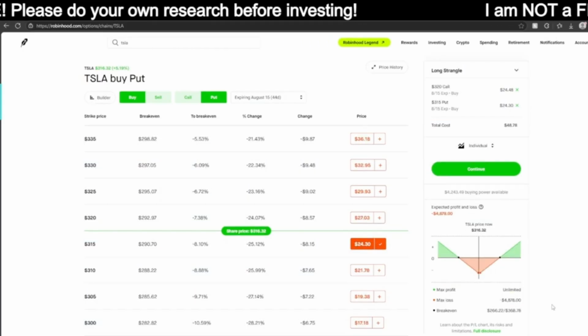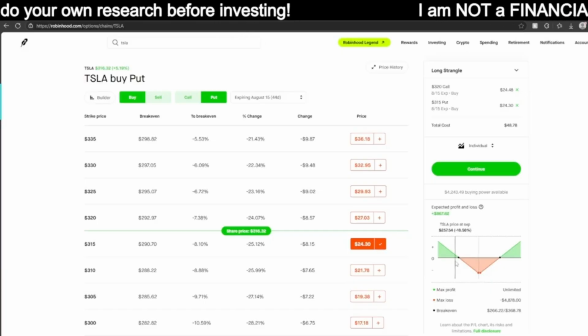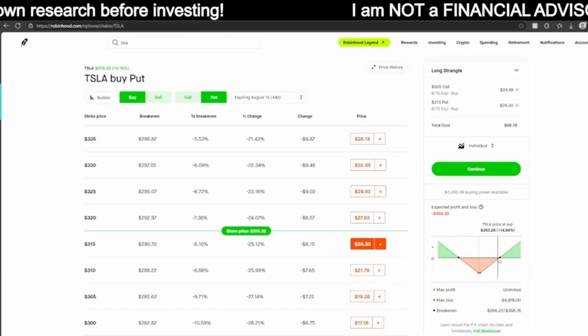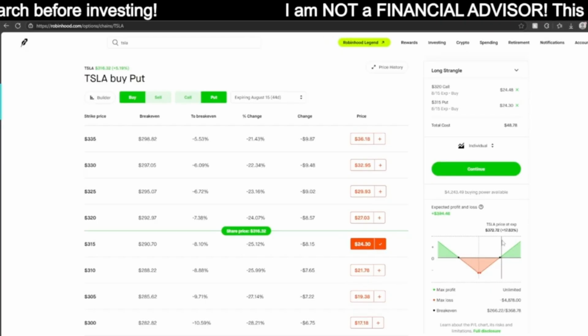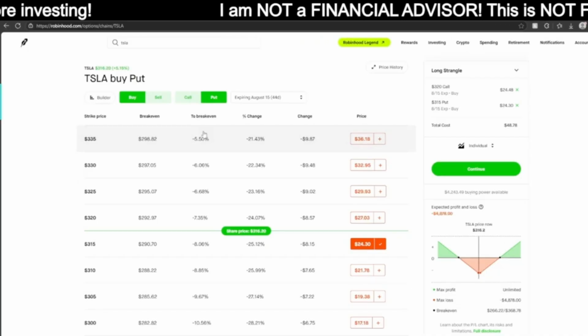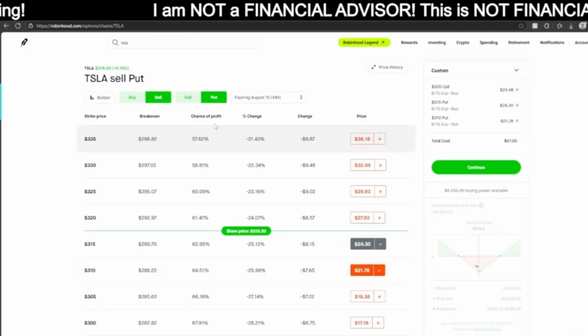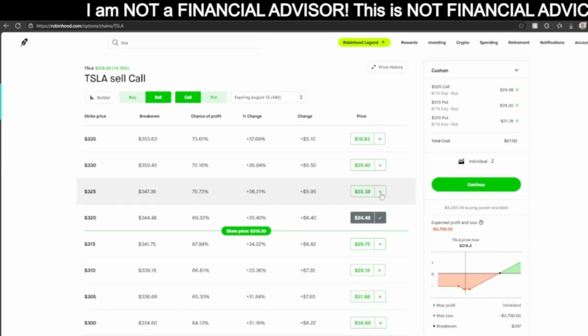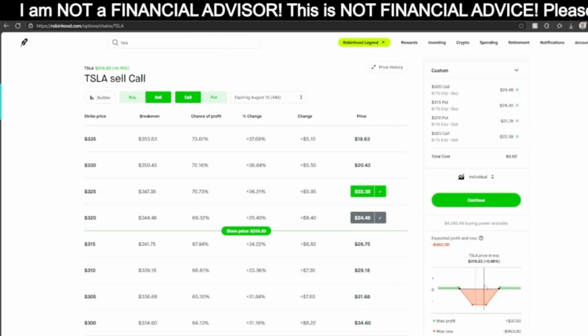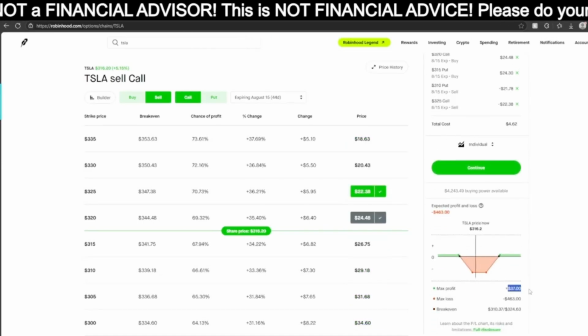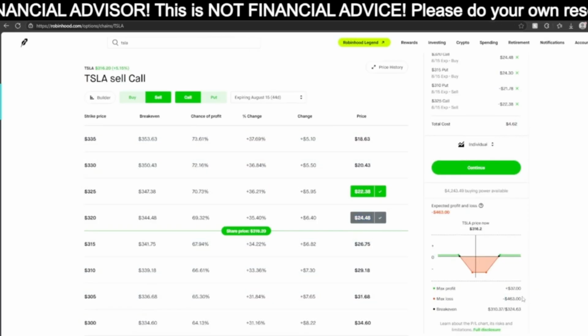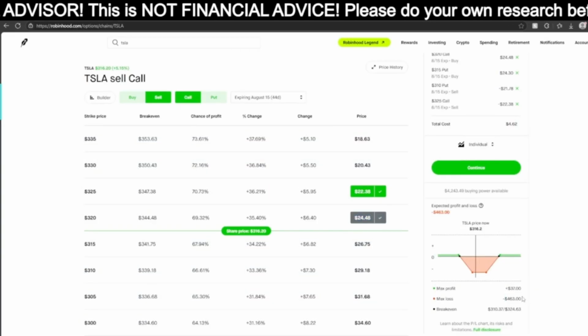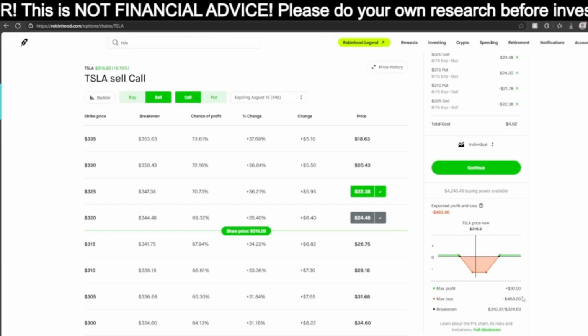I don't have 5 grand to pay for this, but I know Tesla's going to move in some certain direction. I don't care which way it moves, but just move somewhere, but I don't have 5 grand up front. Well, again, you can just sell the put option, sell the call option above it, creates the iron condor. But again, the risk to reward is very, very slim because it obviously is a very volatile stock. It's probably going to move.